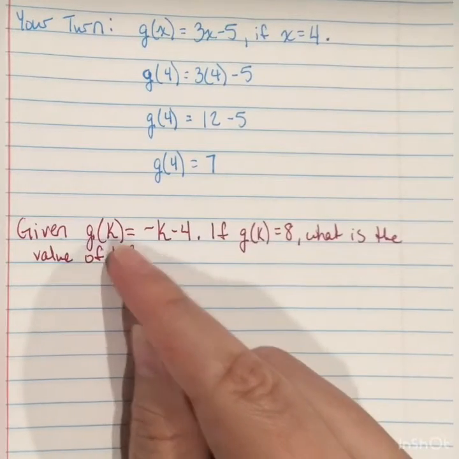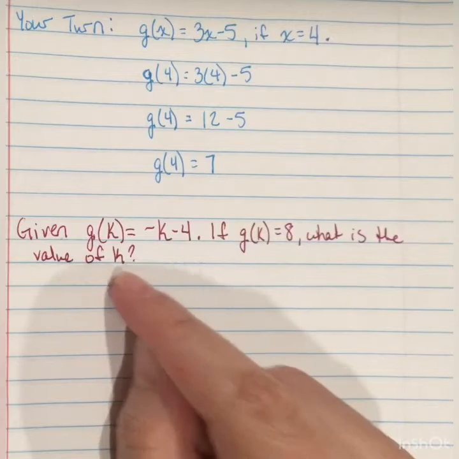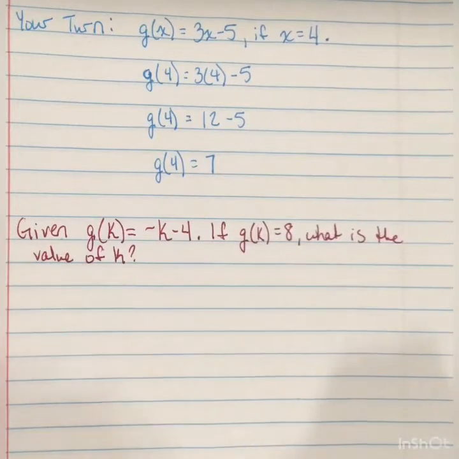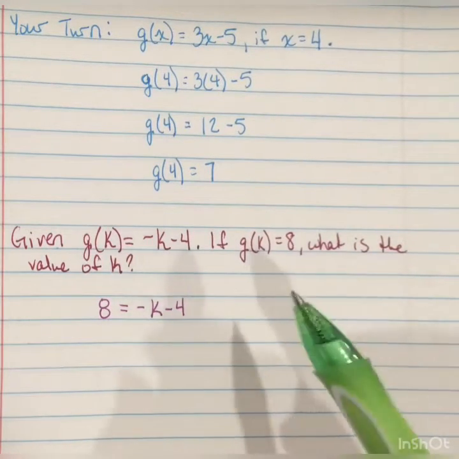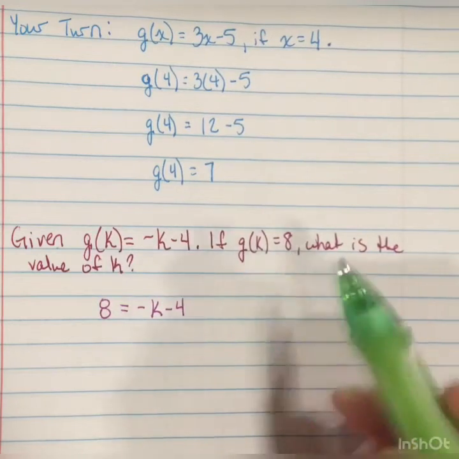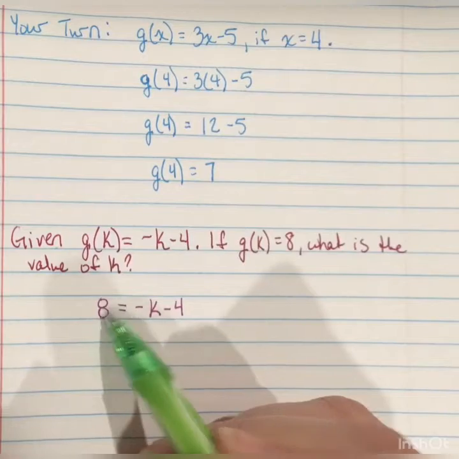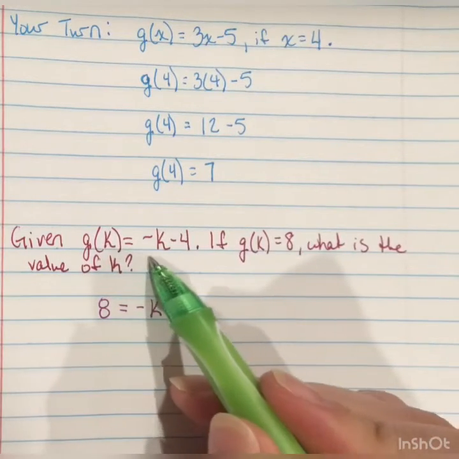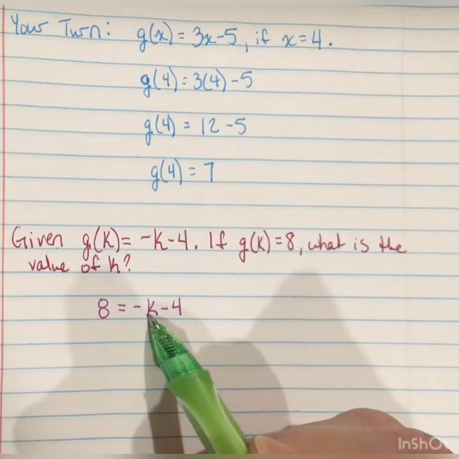So remember, k is our variable, k is the input, so now we're trying to work backwards to find what the value of k is. So as you can see here, what I did was I took our output value, g of k is 8, and I substituted it in for g of k here before the equal sign, and then I just brought down the rest of our equation. So now I need to solve for k.